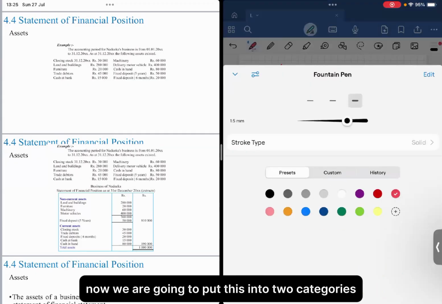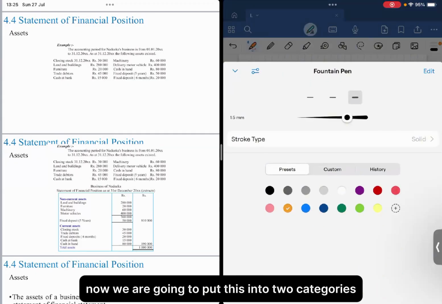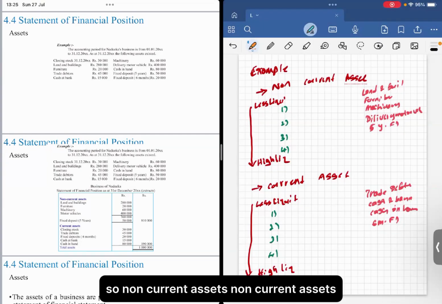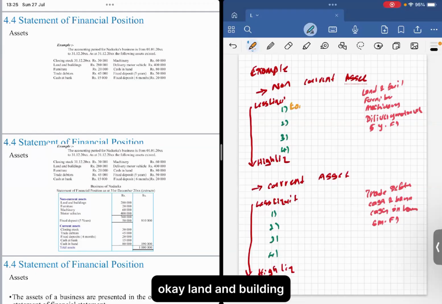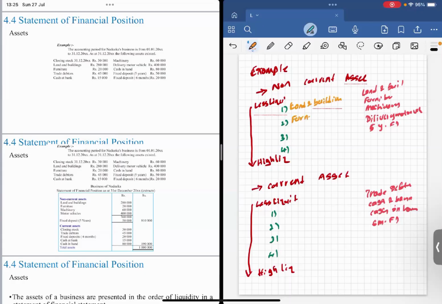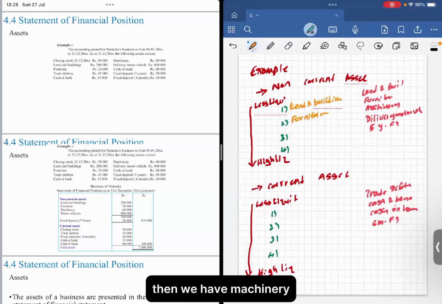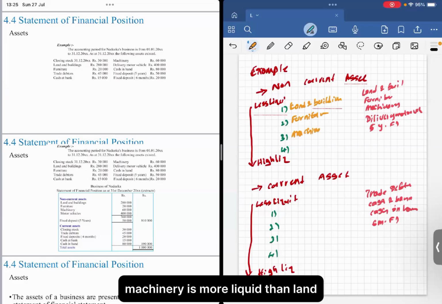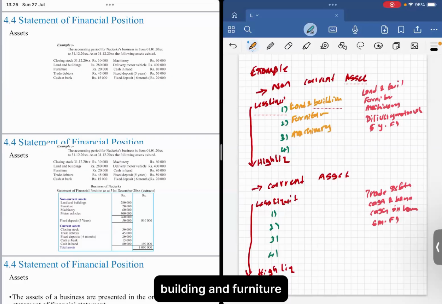Now we are going to put this into two categories based on the liquidity. Non-current assets: land and building is usually less liquid. Then we have furniture, which is less liquid. Then machinery, which is more liquid than land, building, and furniture.